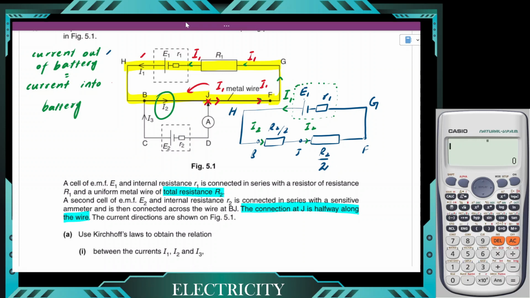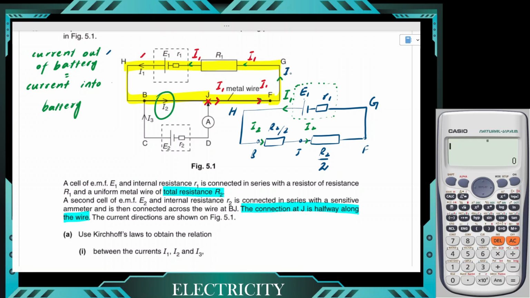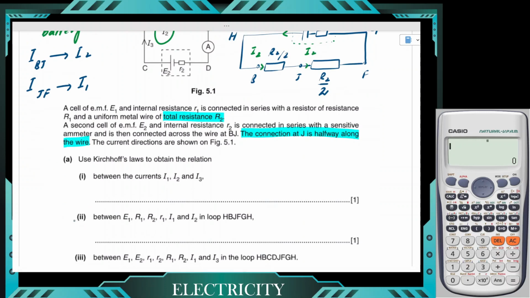So the final conclusion is that the current from B to J is I2, but the current from J to F is I1. Now this information would be very useful to solve part B, part 2 and part 3.